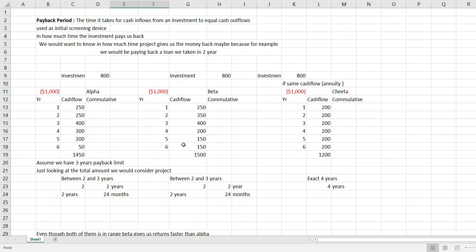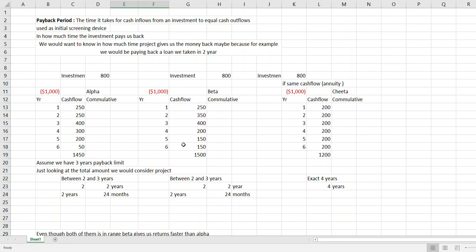The reason you want to know that is maybe you have taken this money from a bank as a loan and you want to know that the project will give you the money back in the loan period. Or maybe you are buying an asset, and you have cash but not for long, maybe for 1 year or 2 years. So you want to know whether a project will give you money back in that period or not.